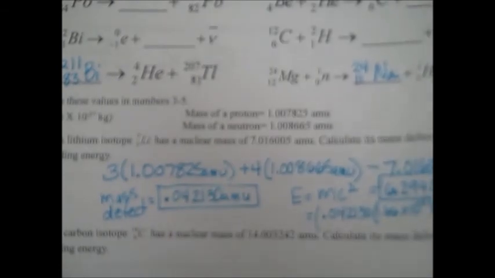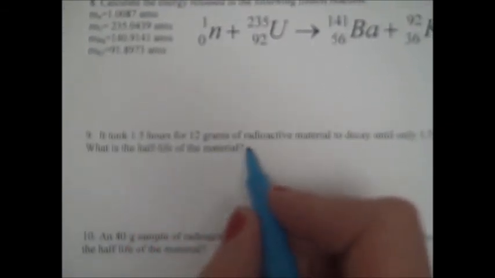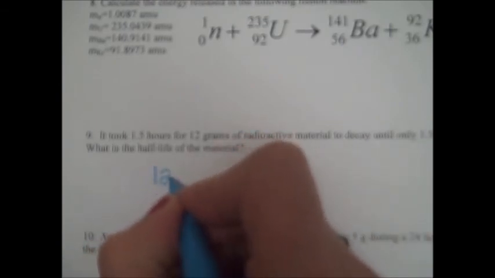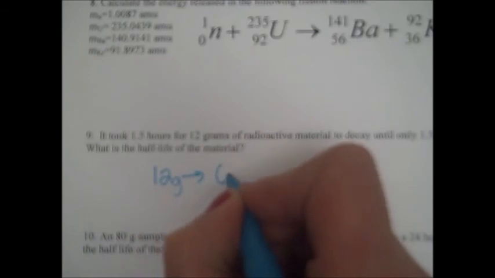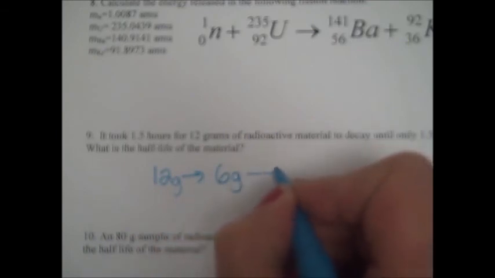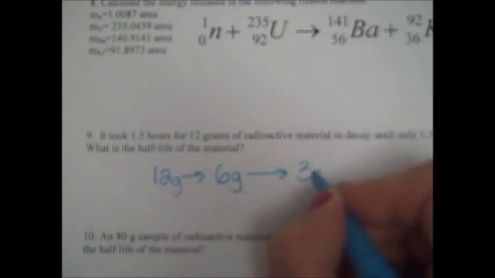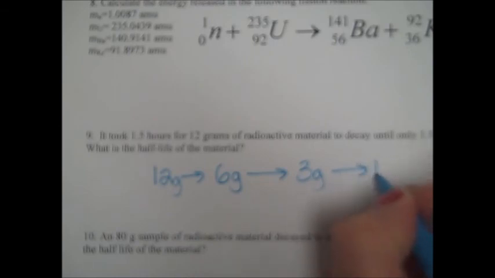Then the last one I was going to look at is one of these half-life ones, where it took 1.5 hours for 12 grams of a material to decay until 1.5 grams remain. The idea is we started with 12 grams. One half-life goes by, now you've got 6 grams. Another half-life goes by, you've got 3 grams. Another half-life goes by, you've got 1.5 grams.